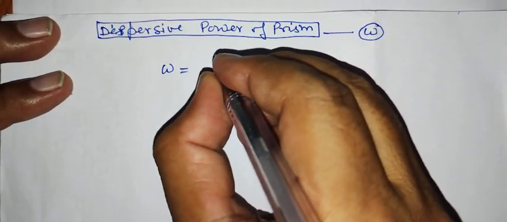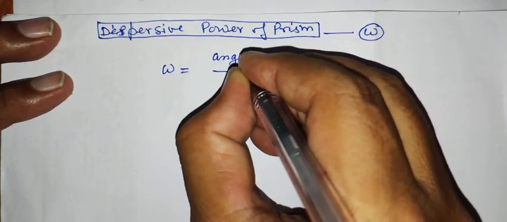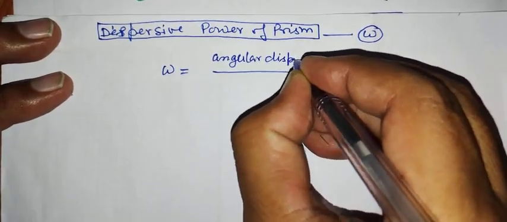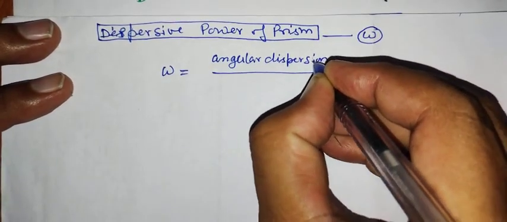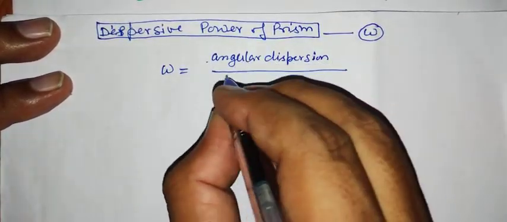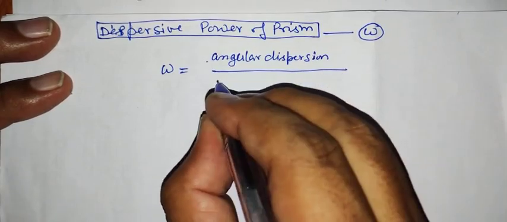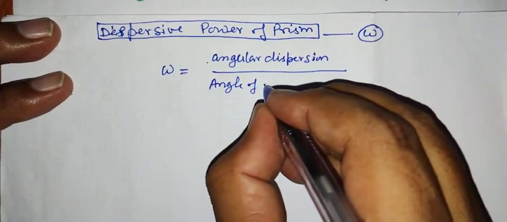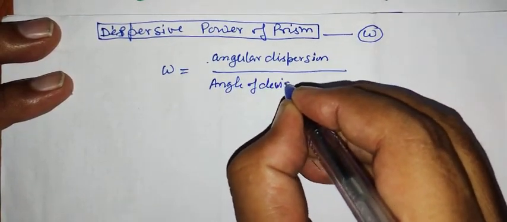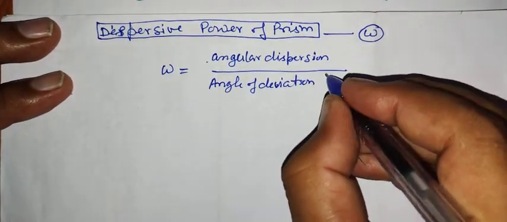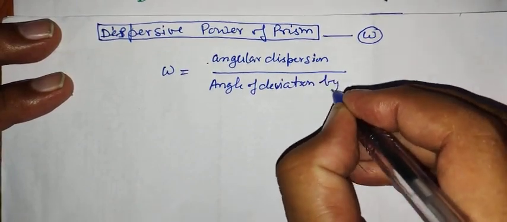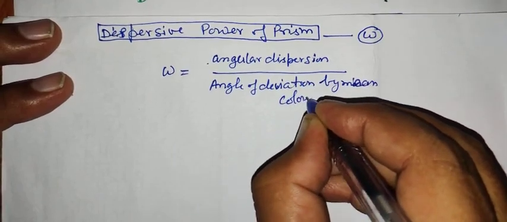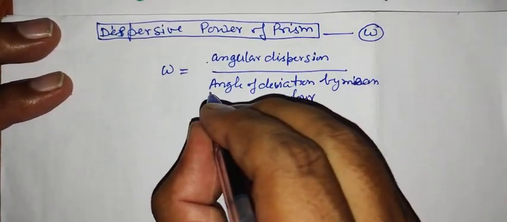The first one is angular dispersion between end colors divided by the angle of deviation for mean color. What does mean color mean?